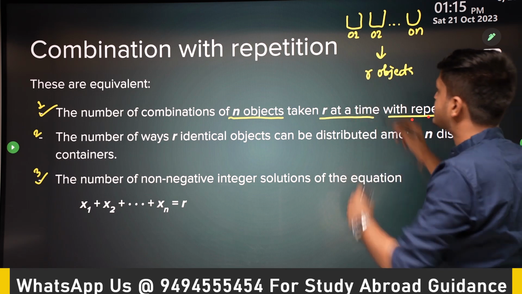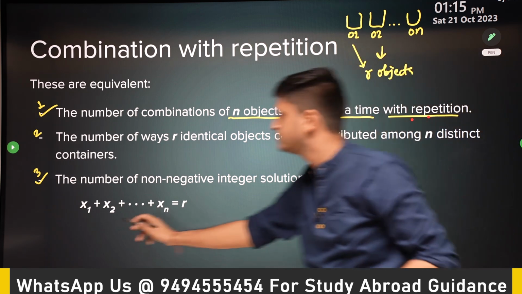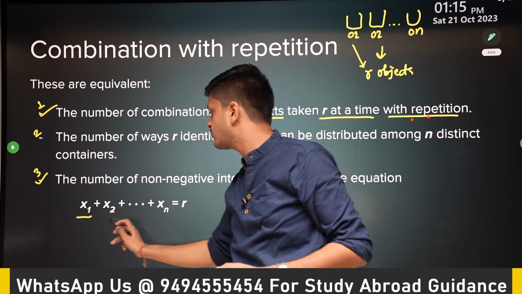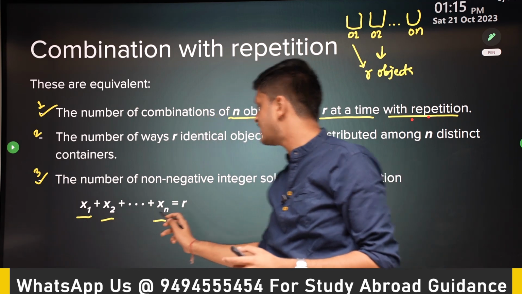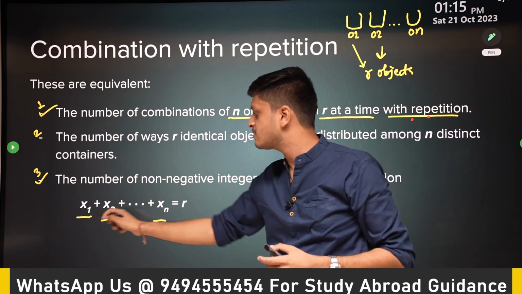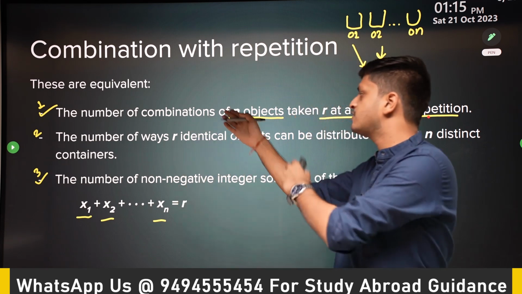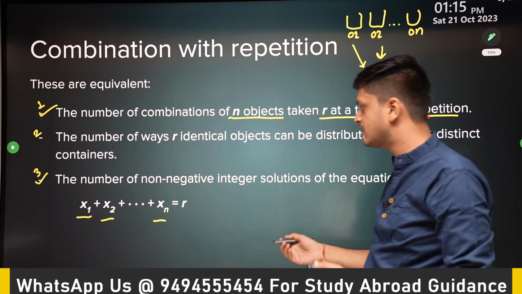We assume that, let's say, we take x1 objects of type O1, we take x2 objects of type O2, and similarly we take xn objects of type On. So the number of solutions to the equation x1 plus x2 up to xn is equal to r will be equal to the number of ways in which we can solve this problem. We have seen this, okay?